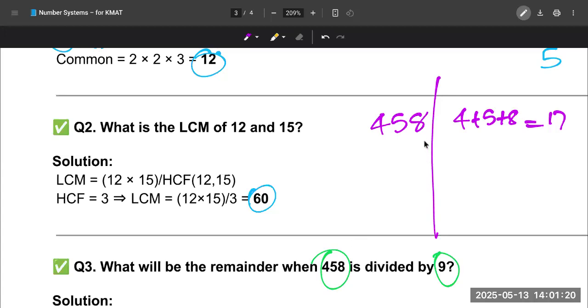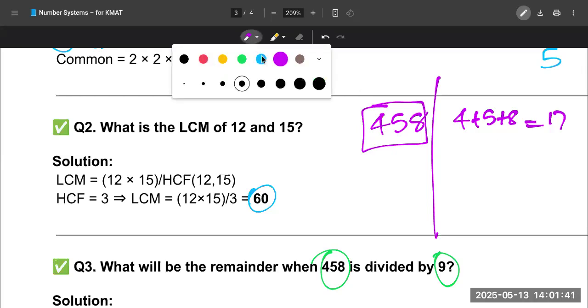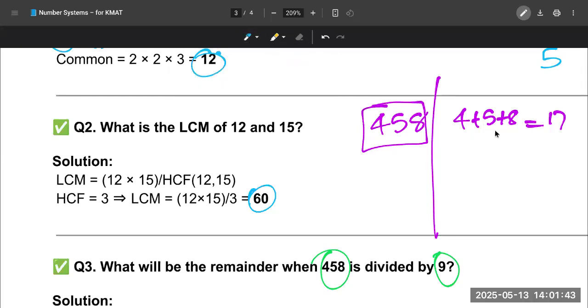So, what is the number before 458 which is divisible by 9? How do you know that? So that means we have a unit digit here.